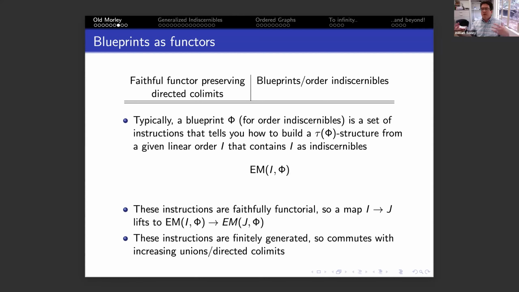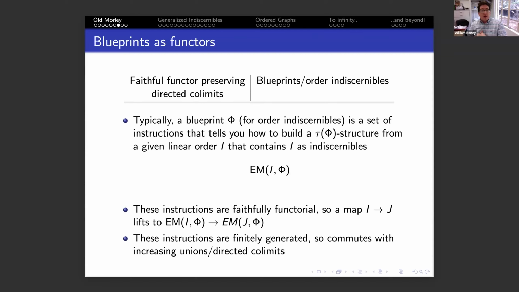EM stands for Ehrenfeucht-Mostowski. Whatever map from I to J holds in the linear order category is extended to a map of these models. So that's what it means to be a faithful functor.